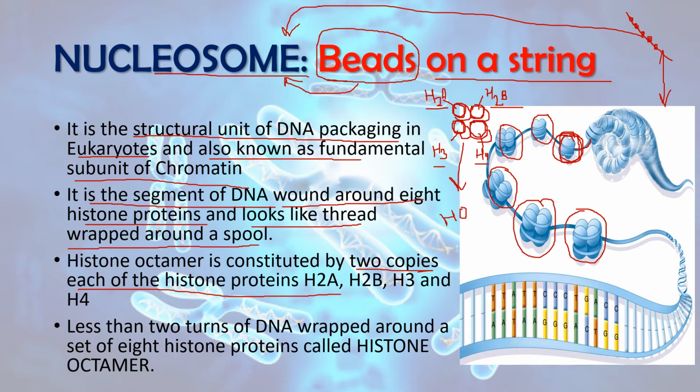So the DNA is wrapped around this histone octamer, which looks like thread wrapped around a spool. So less than 2 turns of DNA wrapped around a set of 8 histone proteins. Just look, this is our DNA.